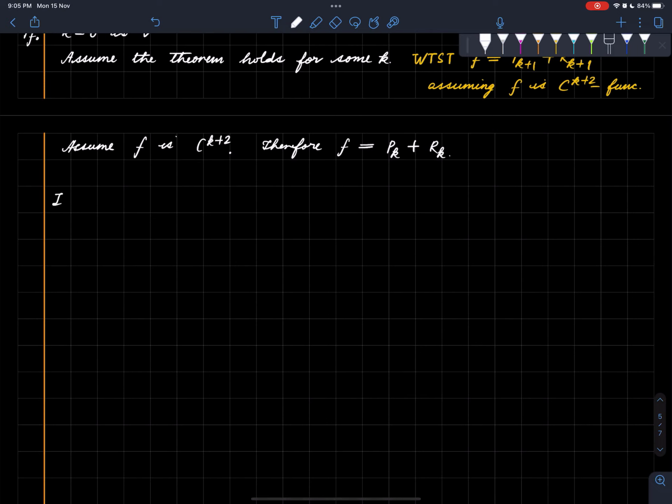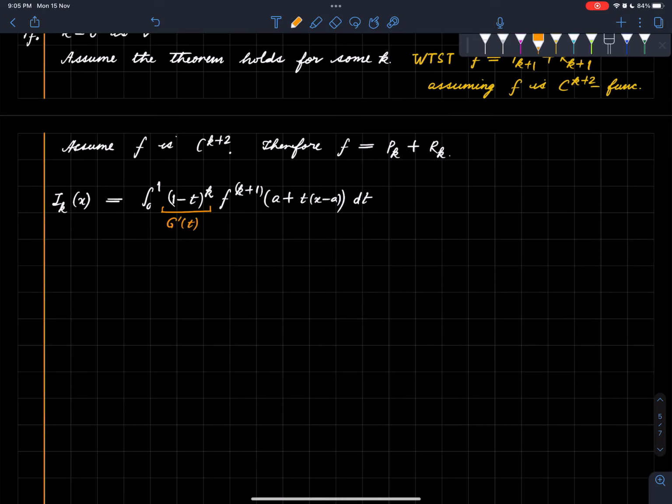So I_k of x, as we defined, is this integral of (1 minus t) to the power k, the (k plus 1)th derivative of f at a plus t times (x minus a), dt. So to apply by parts, we need to fix an f and a g. So this is going to be g prime of t.